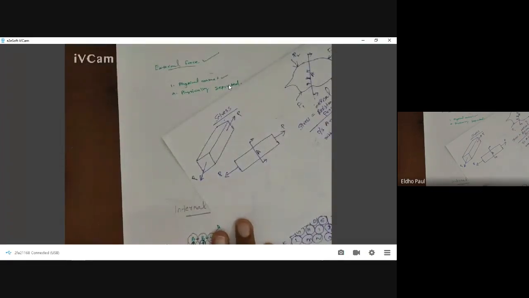Before calculating the stress, first I want to calculate the internal resistance force, because stress is equal to internal resistance force per cross-section area where the force is acting.